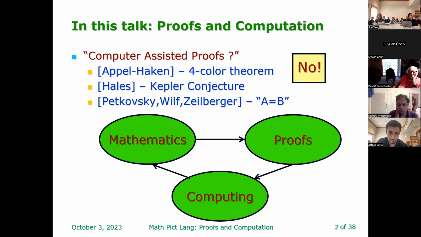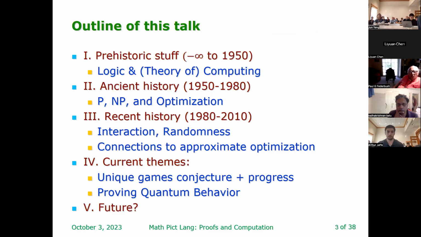Instead, what we're going to talk about is a triangle, a collection of relationships between mathematics, proofs, and computing. I want to set up the stage for where we go. So here's a very quick overview of the talk. Anything from time minus infinity to 1950, I consider prehistory. This is before we even understood completely what a proof was.